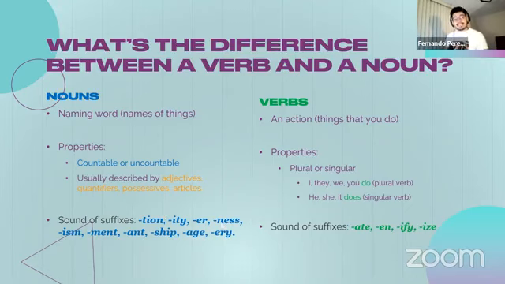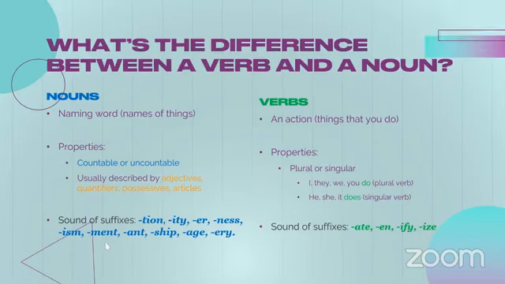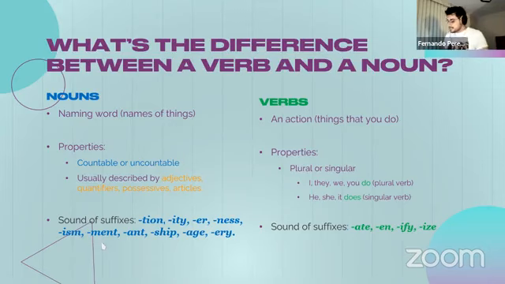Then we have -ness, like happiness. -ism, like tourism. -ment, as in complement. Compliment. Very nice, Isaac. Compliment. Excitement, etc.